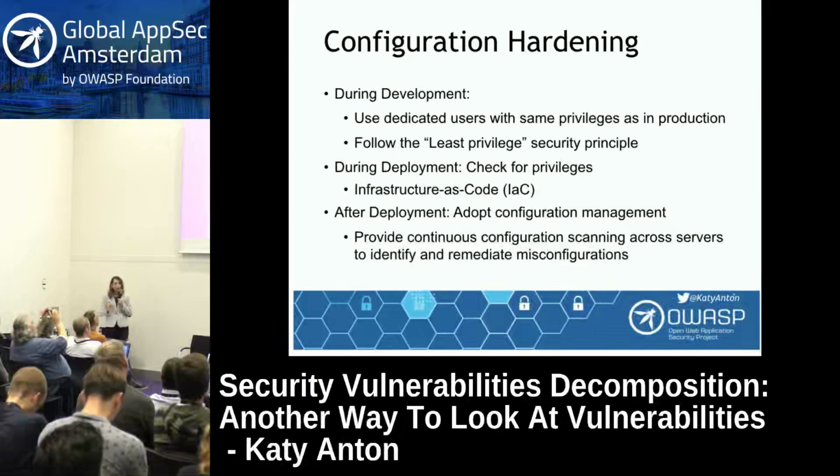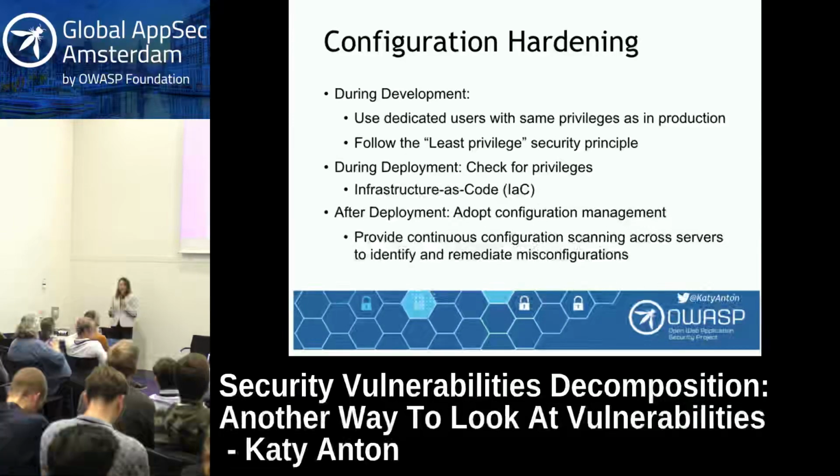And again, after the release, ideally you would adopt a configuration manager and provide continuous scanning across all the servers to ensure that the configuration is still preserved in place.